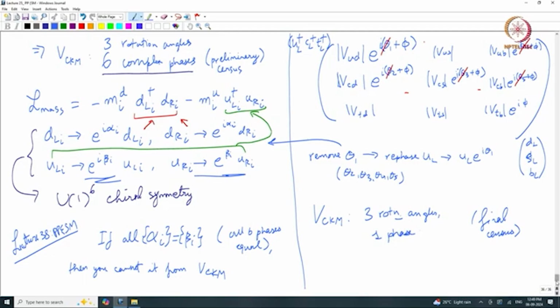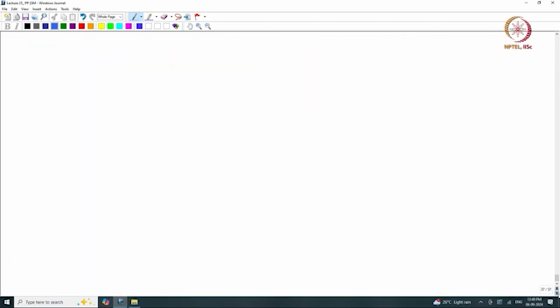and this lets people write the CKM matrix with the following parameterization. This is a very useful parameterization, helps you visualize exactly what is going on. I like this parameterization more than other parameterizations.